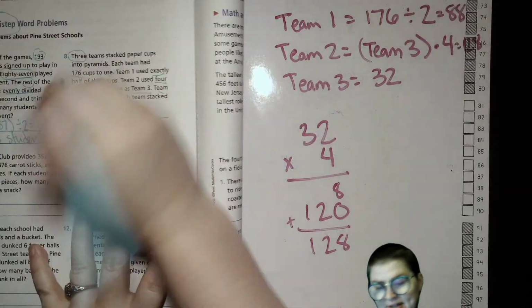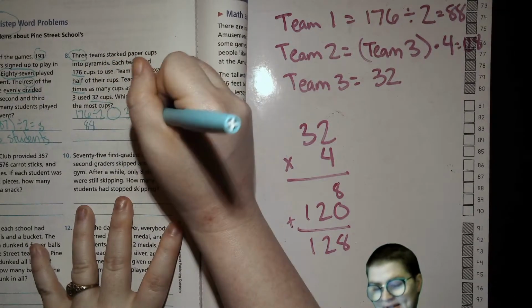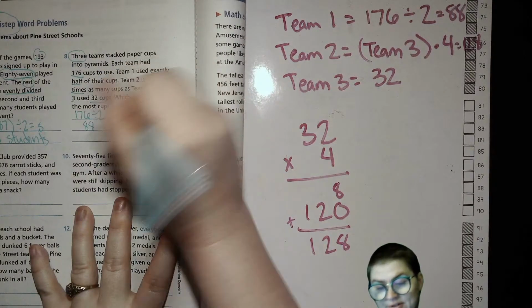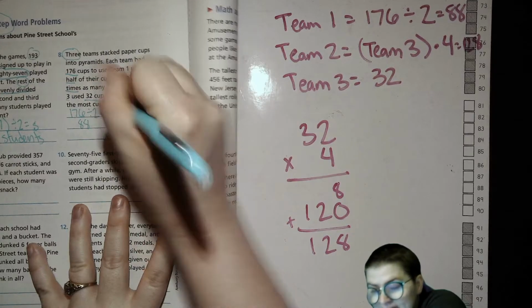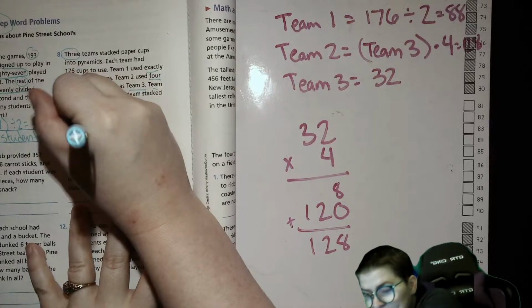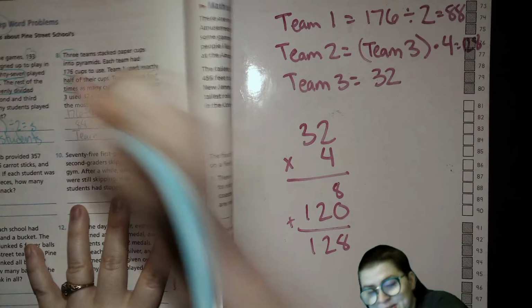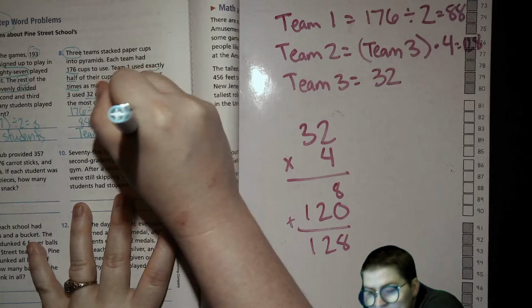And then we got 176 divided by 2, which is 88. And then 32 times 4 was 128. And so once we did that, then we can compare. This one is greater. So team 2 used the most.